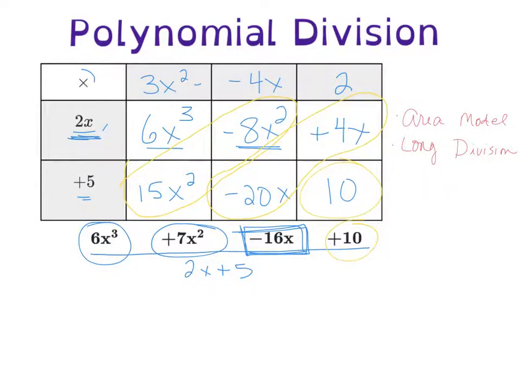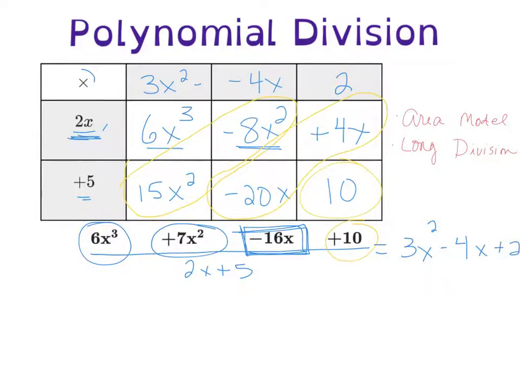That means that 2x plus 5 is a factor of 6x cubed plus 7x squared minus 16x plus 10. So when you divide that polynomial by 2x plus 5, you get the result of 3x squared minus 4x plus 2.